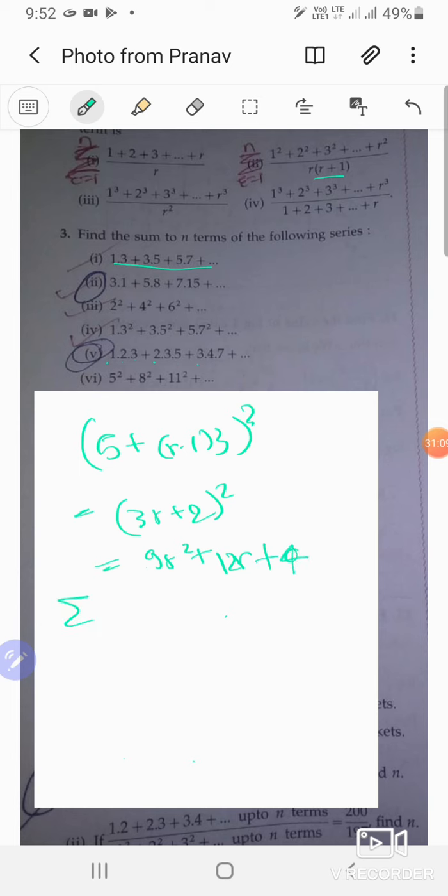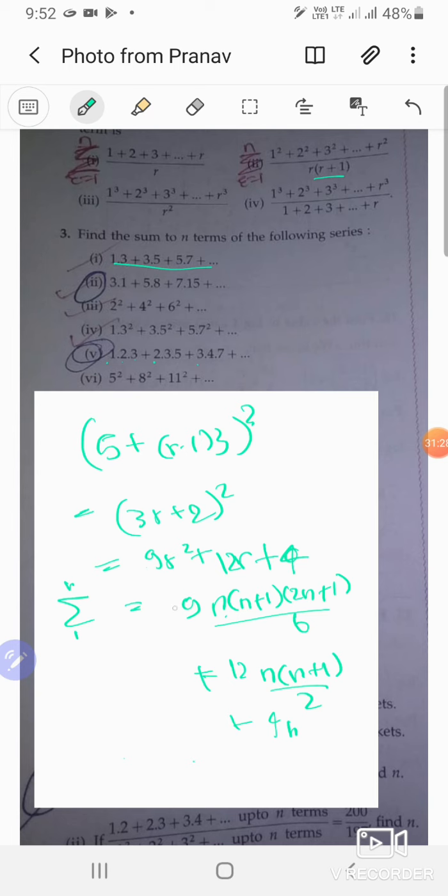And when you sum this from 1 to n, you get 9 times, for r squared you have n into n plus 1 into 2n plus 1 upon 6. Okay, for this thing 12r, you just have 12 into n into n plus 1 upon 2. For 4 you have 4n, right?